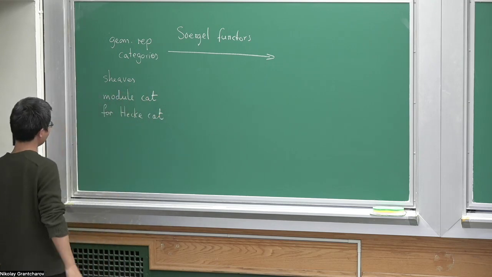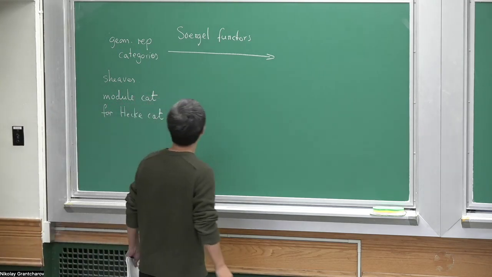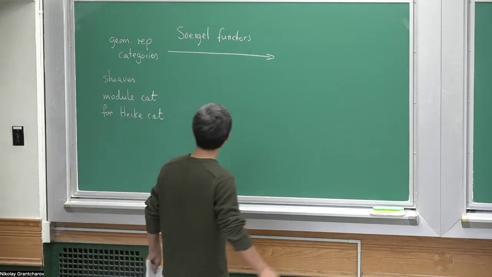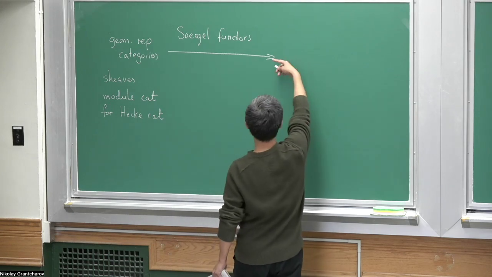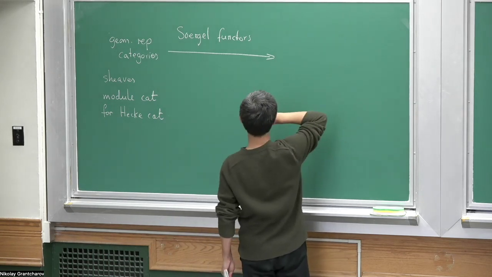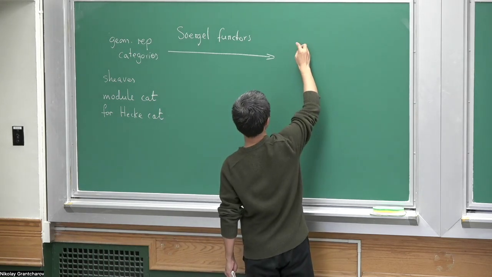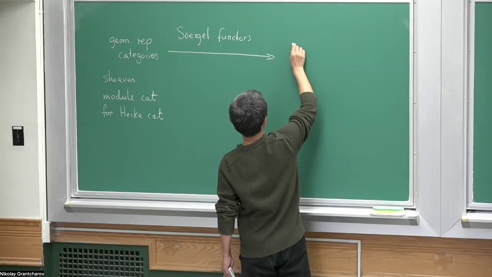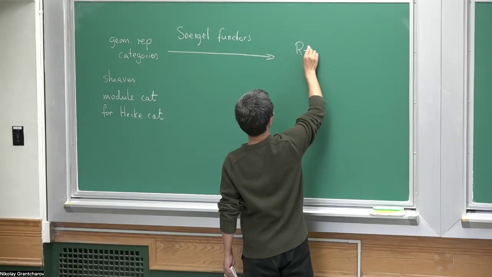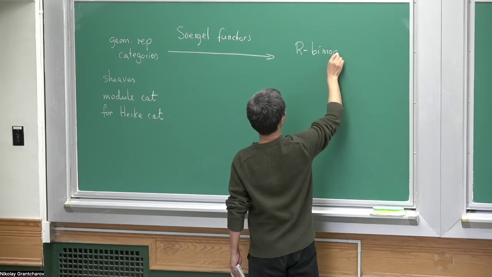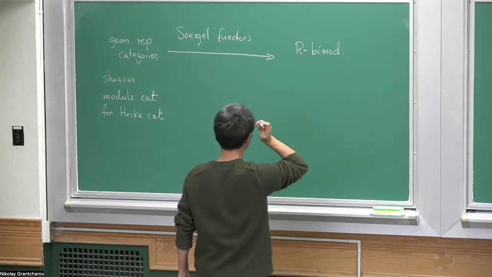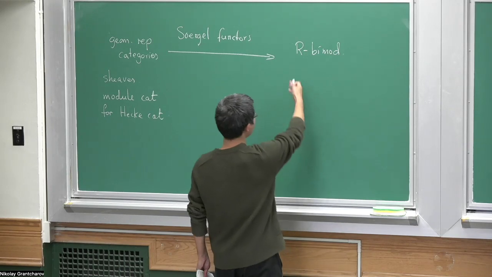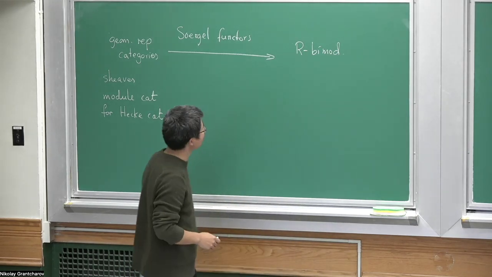So some examples. And then Soergel functors will map these to certain more combinatorial categories. The most well-known example is mapped to bimodules over a certain polynomial algebra.